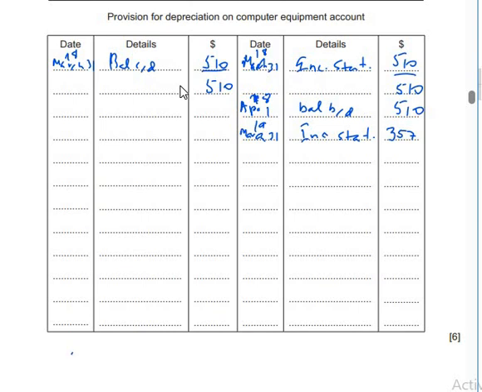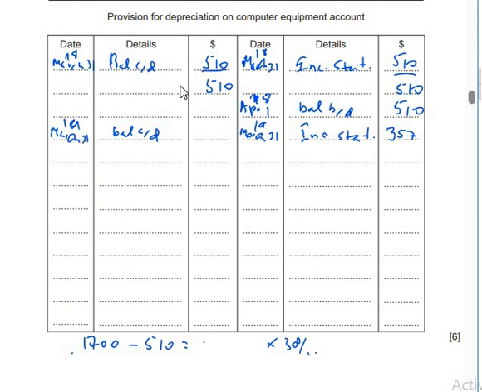Remember, how did you calculate that? We are using the reducing balance method. So we took 1,700 minus the depreciation of the year, and the answer we got, we multiply by 30%. Okay, and we got 357. So on the very same day, that is March 31st 2019, there will be a balance carried down.